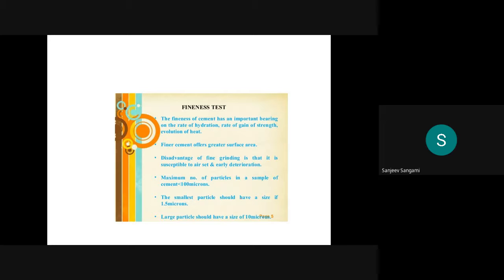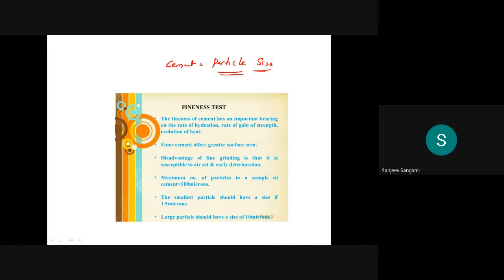We always talk about what will be the particle size of this cement, and how the size of the particle is going to affect the overall strength or property of the cement.